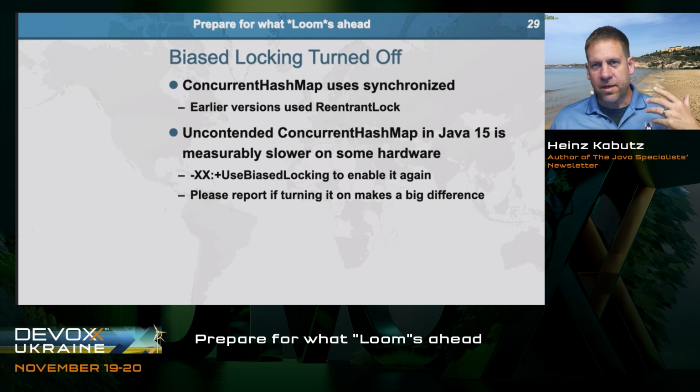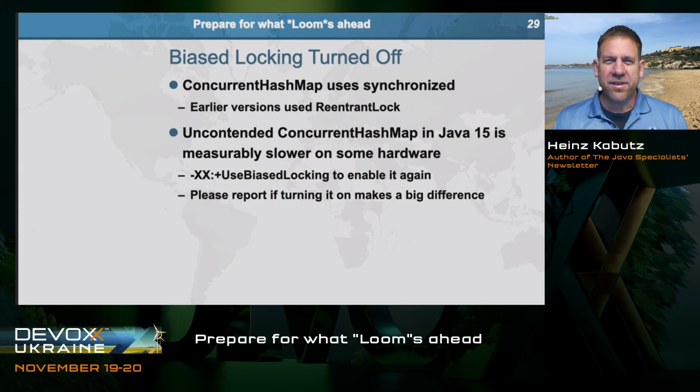But on my laptop, I can tell the difference between biased locking on and off, and it's a lot faster if it's on. But on my server, which is where I do my benchmarking, I can't tell any difference. So it really depends what you're running on.